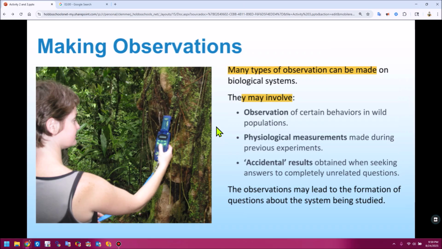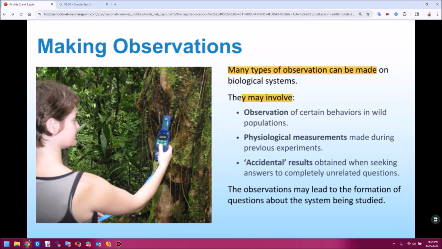Making observations. There are many types of observations that can be made on biological systems. They can involve observation of certain behaviors in wild populations, physiological measurements made during previous experiments, accidental results obtained when seeking answers to completely unrelated questions, and the observations may lead to the formation of questions about the system being studied.